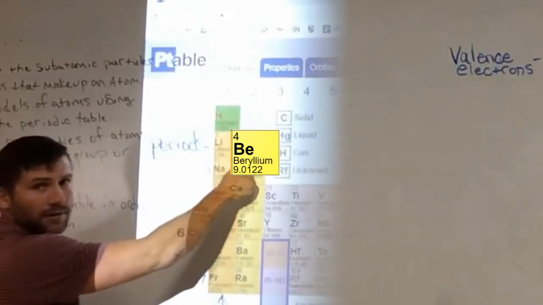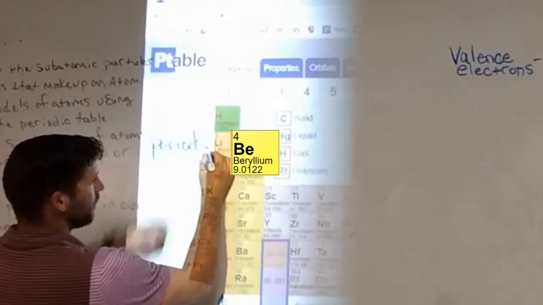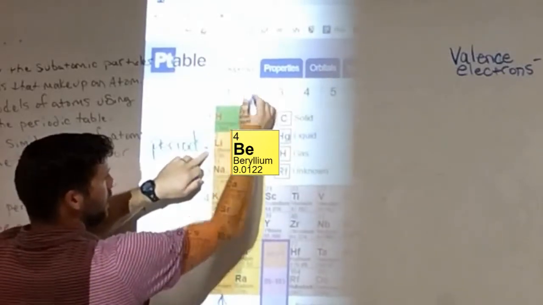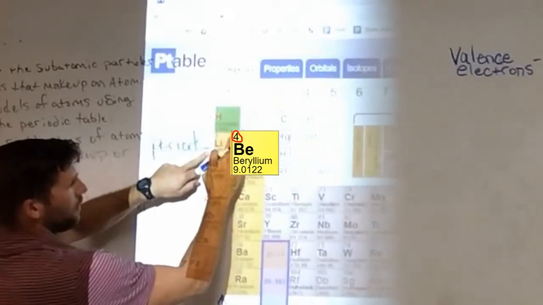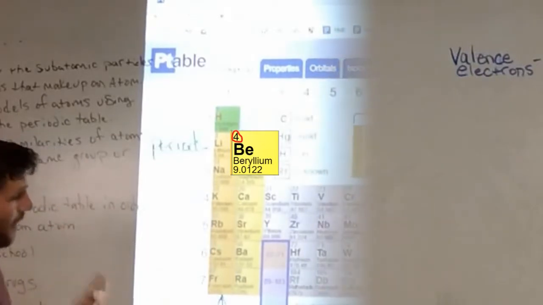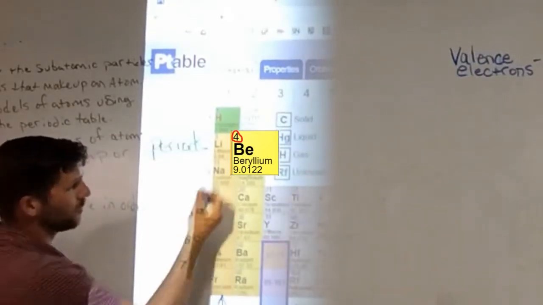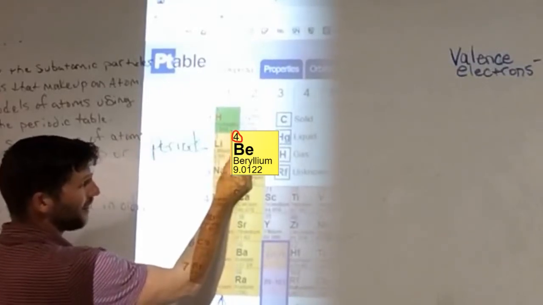We're going to focus on this element, beryllium. I can see that it is in period 2, group 2, and I'm focusing in on this number here. Beryllium has an atomic number of 4. I'm going to assume it's a neutral atom, which means it has 4 protons and 4 electrons.